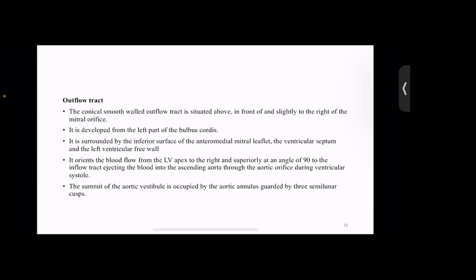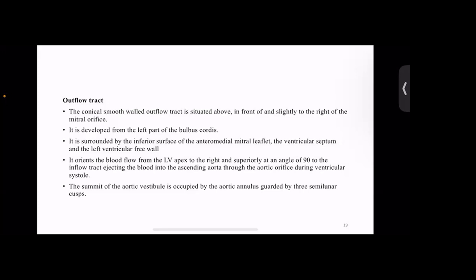The conical smooth-walled outflow tract is situated above and in front of and slightly to the left of the mitral orifice and is basically developed from the left part of the bulbus cordis. It's surrounded by the inferior surface of the anteromedial mitral leaflet, the ventricular septum, and also the left ventricular free wall.